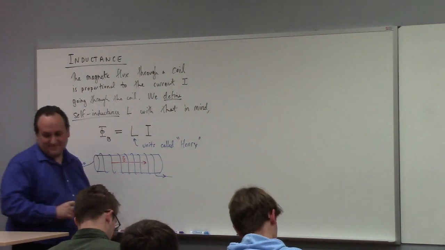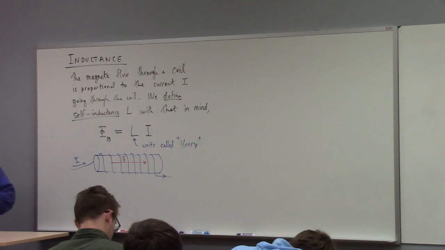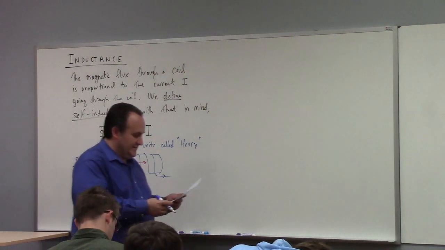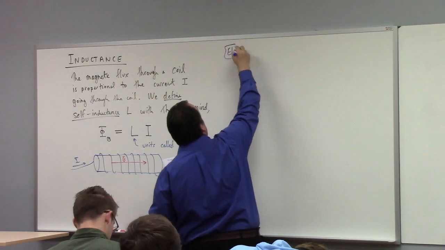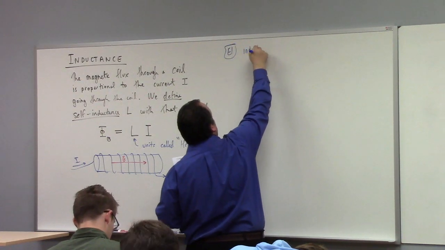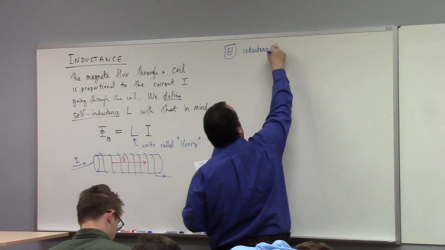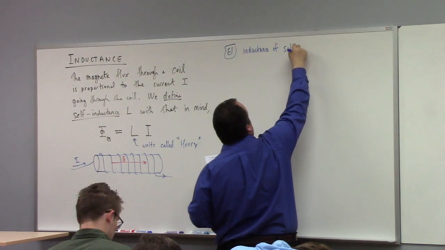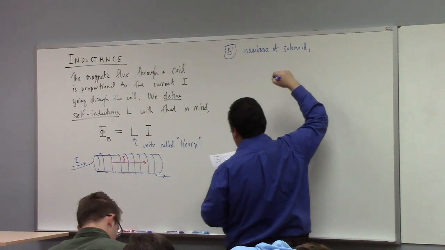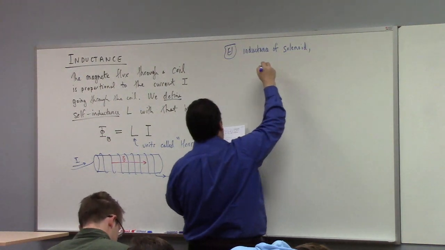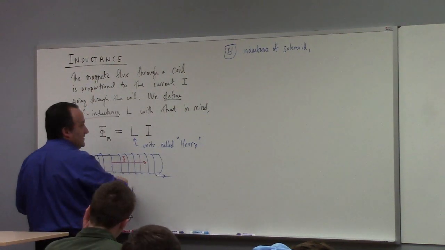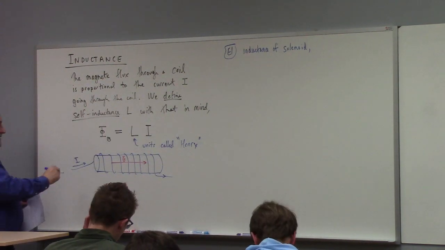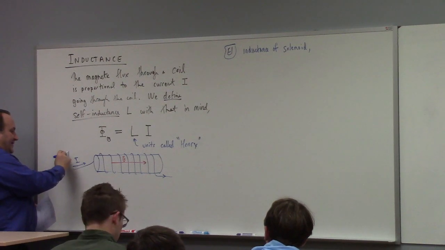So let's work out example 1. What's the inductance of a solenoid? All right. I drew the picture over here, so let me make the example start over here so I don't have to draw the picture again.